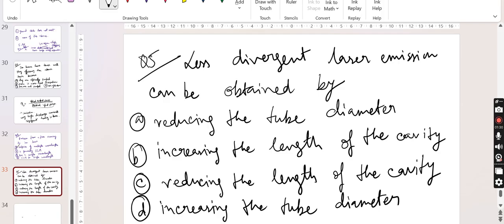The divergence depends on the beam diameter, and if we reduce the beam diameter, we will see better divergence. So the answer is reducing the tube diameter.